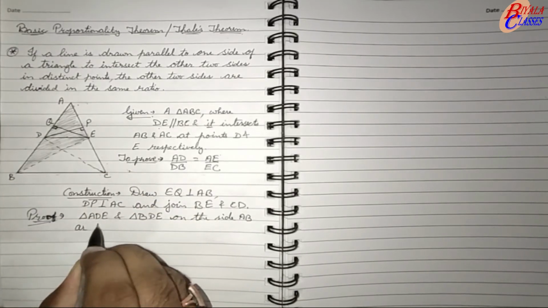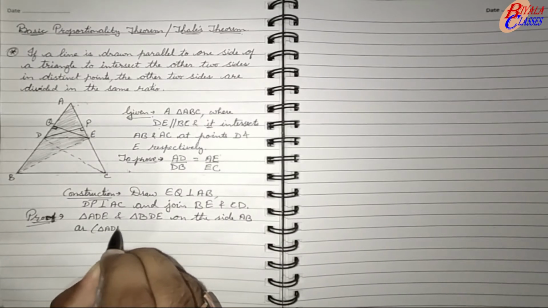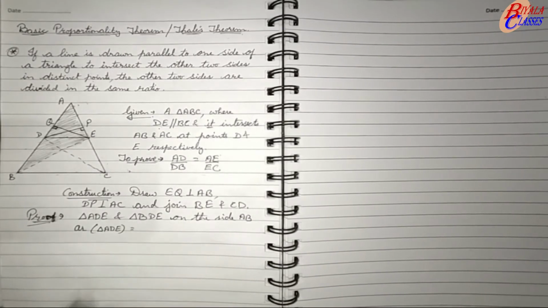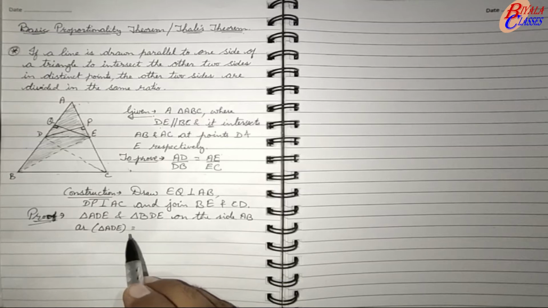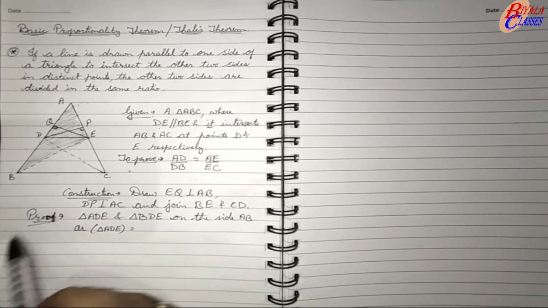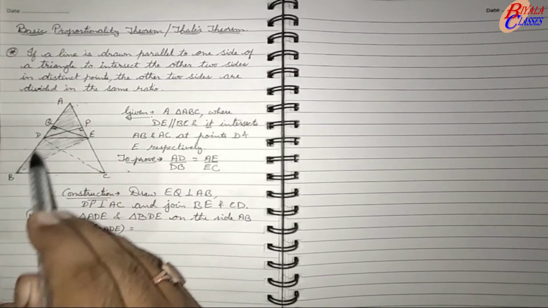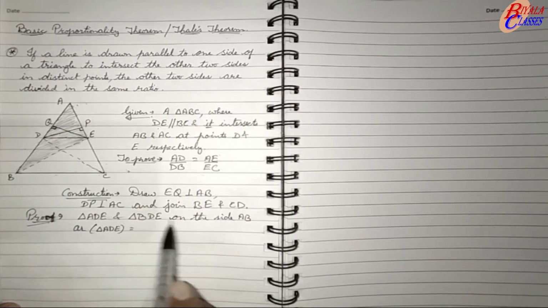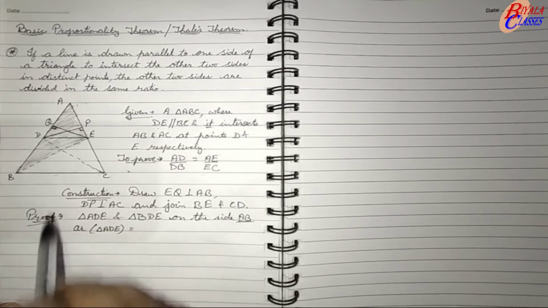Now what is the area of triangle ADE? We know that the area of a triangle is half base into height. These two triangles are on the side AB.